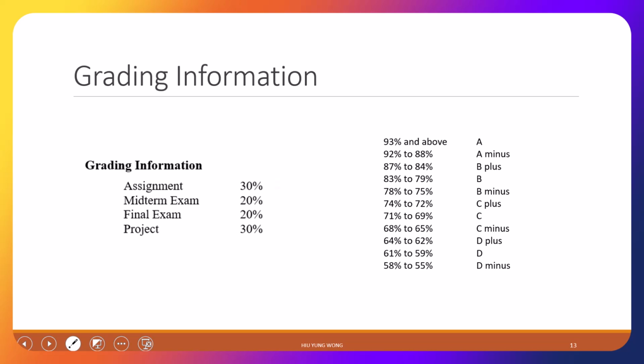If you do all the assignments, you do all the project, and if you care about the correctness when you do it, you discuss with your friends, or even come to me and ask me to check. I might not check thoroughly, but at least I will briefly tell you, well, this is completely wrong, or this looks okay, right? Then you already have almost 60% if you just fulfill all the requirements, right?